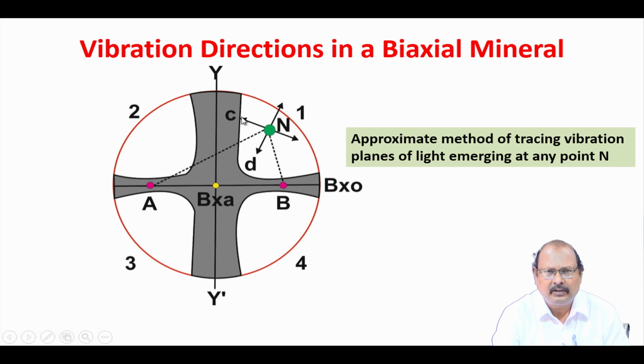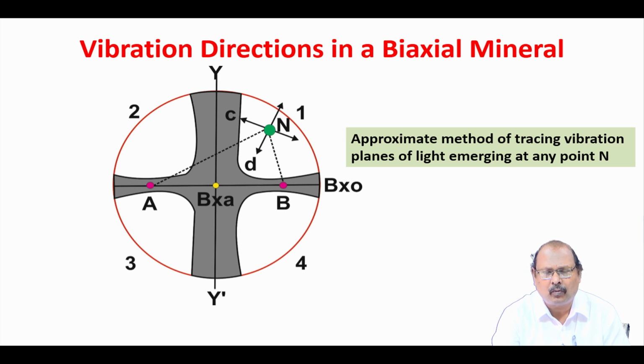That means this vibration direction will be the first vibration direction here. So, we already know that this ray, that is D, is parallel to the Y vibration direction, or it is the Y vibration direction. So, if C is the first vibration direction, that is BXO is the first vibration direction, then which is faster than Y?